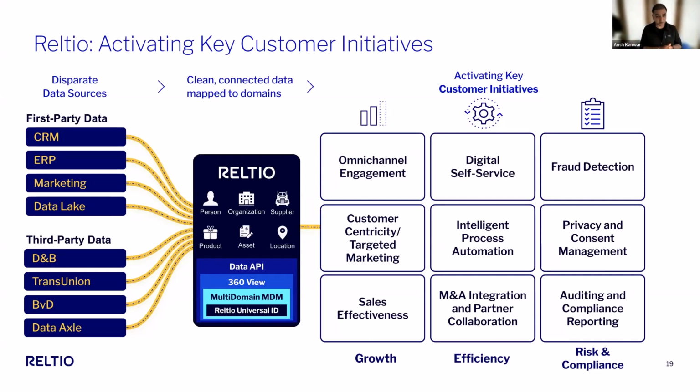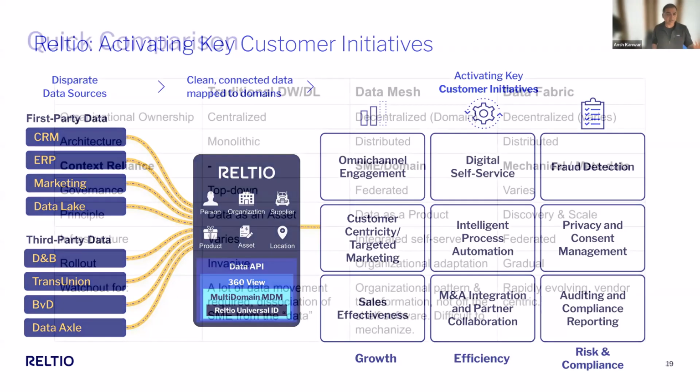I think there was a question about this earlier. And making it available for your key initiatives, right? The outcomes on the right are the things that you're trying to drive, and the basis for making decisions on clean, connected data. That's what we provide you for those initiatives. And point being that this doesn't really go away.